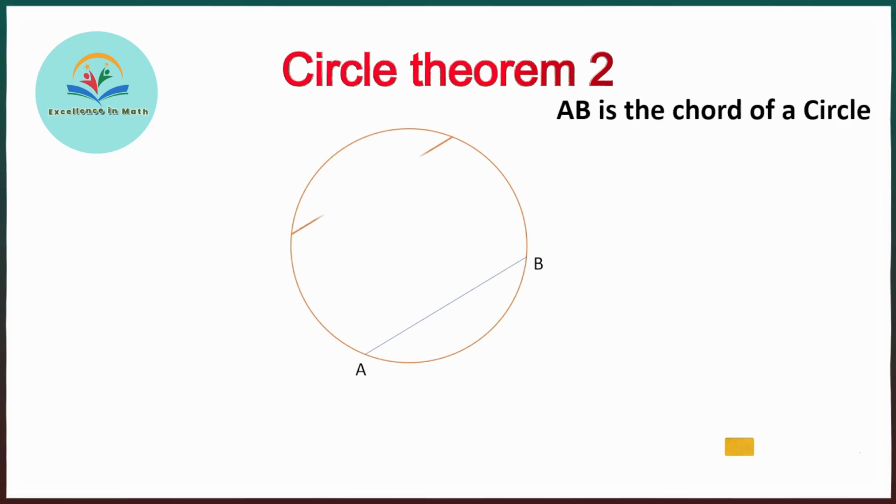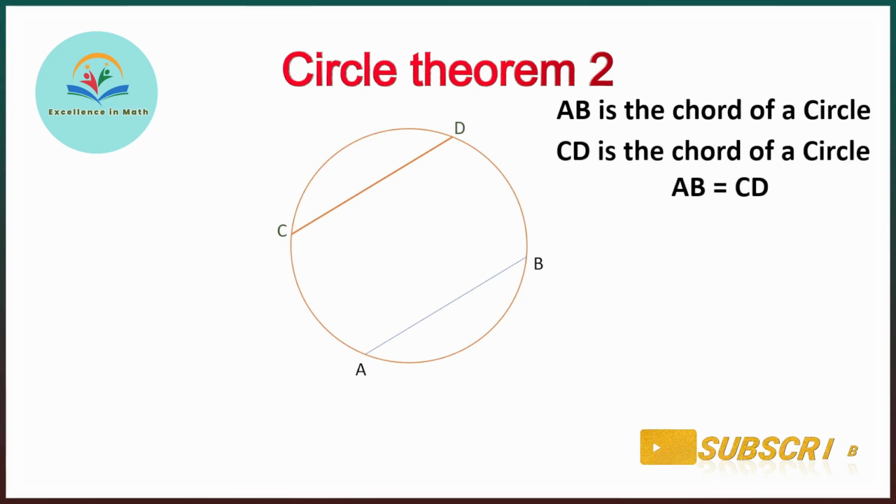Similarly, consider another chord CD. CD is also a line segment whose endpoints are on the circle, so CD is also a chord of a circle. Not only that, based on our hypothesis, both AB and CD are two equal chords of a circle.